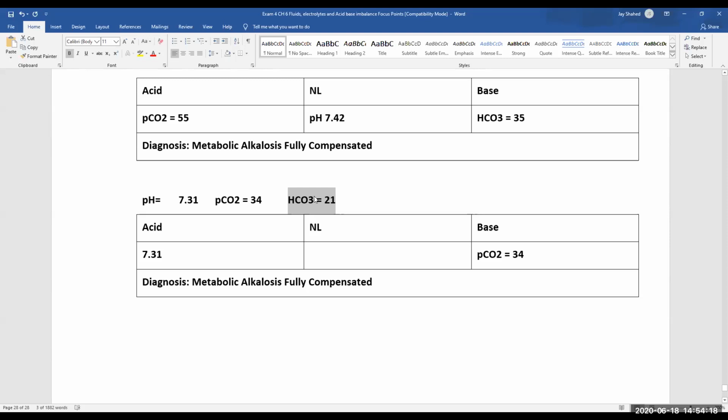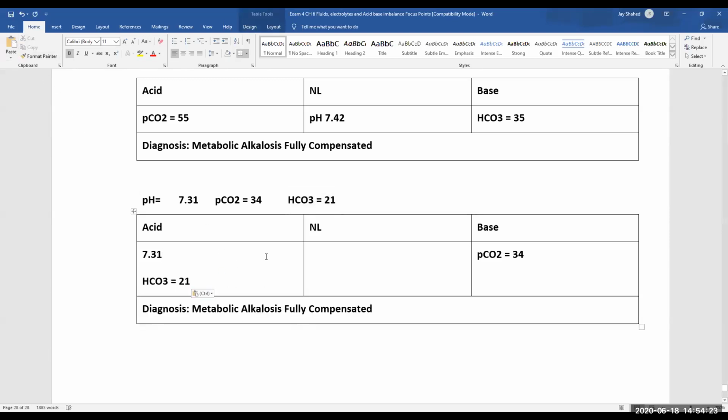Acid. Diagnosis? Metabolic acidosis, partially compensated. Partially? Yep. It's barely partially, about 74, yeah.